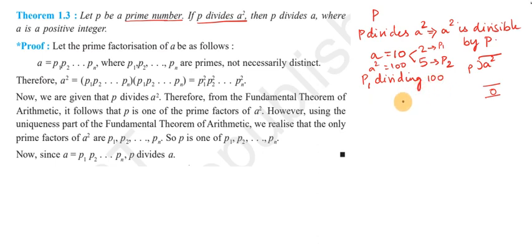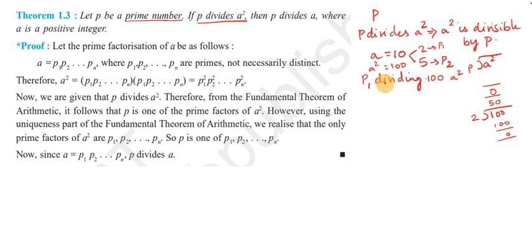Now what is the meaning? When you divide 100 by P1, that is 2, then you will get the remainder to be 0. Yes, we all know that. When you multiply it with 50, you will get 100, so the remainder will be 0. This shows that my P1 is dividing a square.